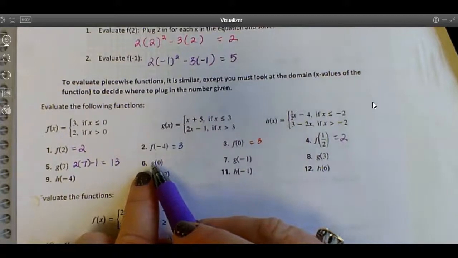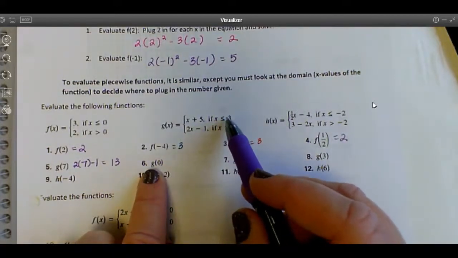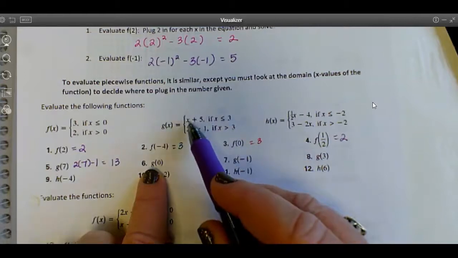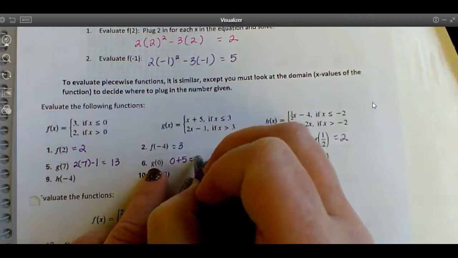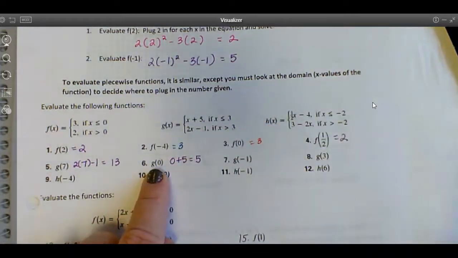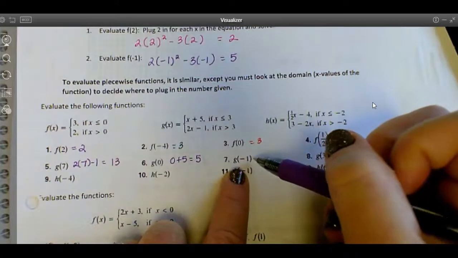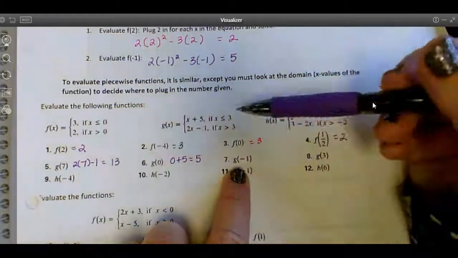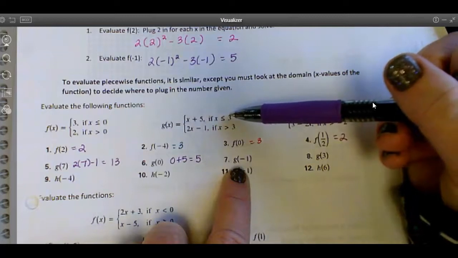So this one says g of 0. So 0 would be here. So I'm going to plug it in there. So I would have 0 plus 5, which is 5. Alright. G of negative 1. Alright, so it's negative, which means that's going to be less than 3.